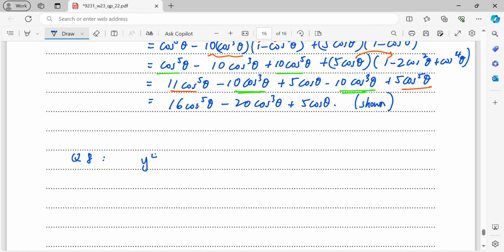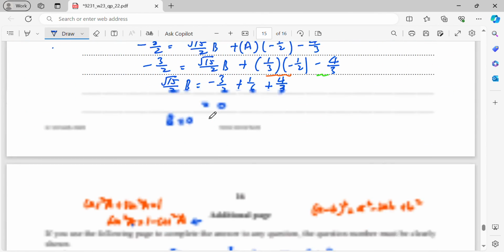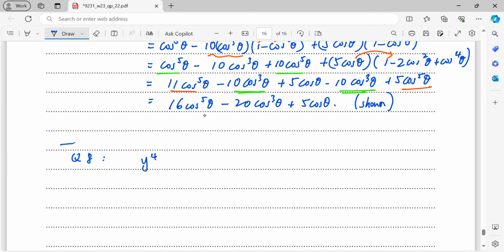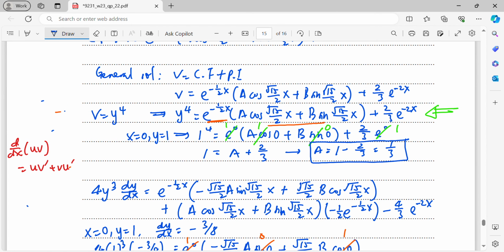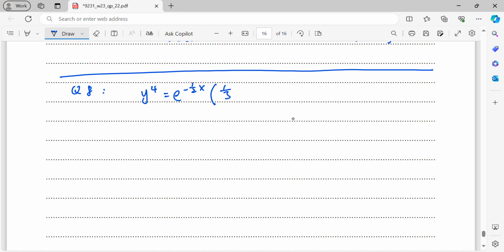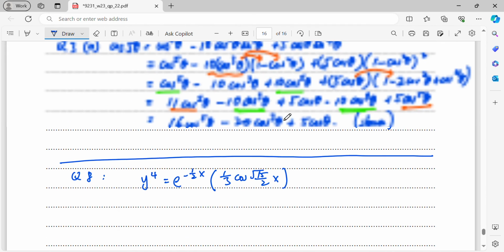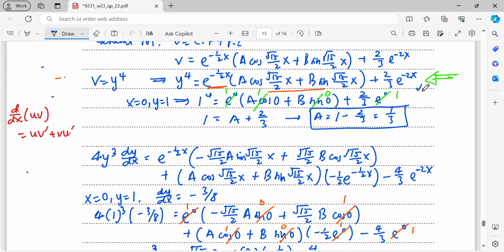I will get y to the power 4 equals exponential negative half x, and then a cos, the a is 1 over 3, so 1 over 3 cos square root 15 over 2 x, close bracket, and the last term 2 over 3 e^(negative 2x).